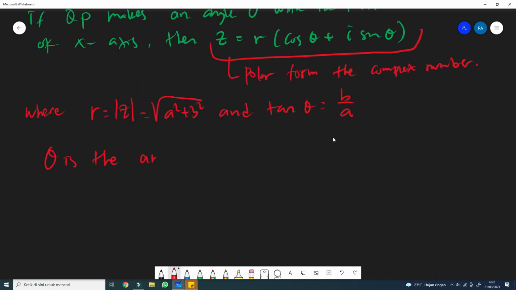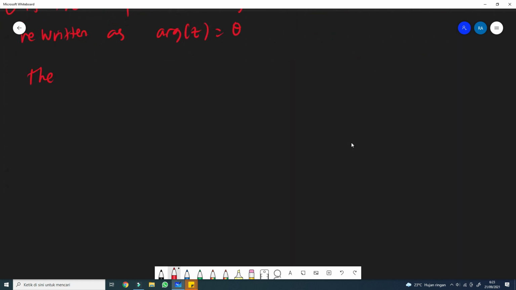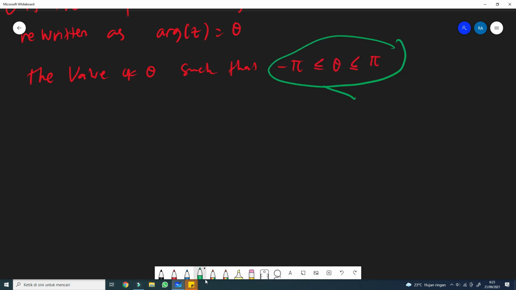Theta is the amplitude or argument of z, or can be rewritten as arg z equals theta. The value of theta such that theta is greater than or equal to minus pi and less than or equal to pi is called the principal argument.